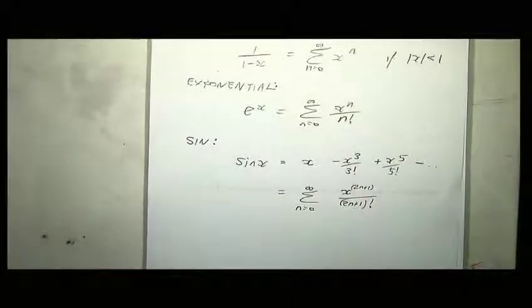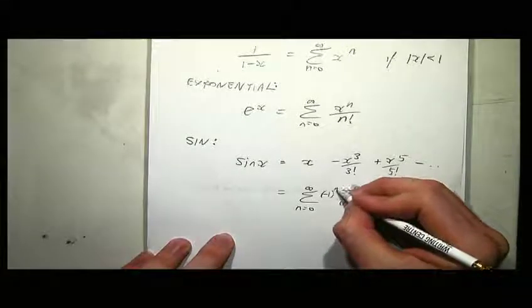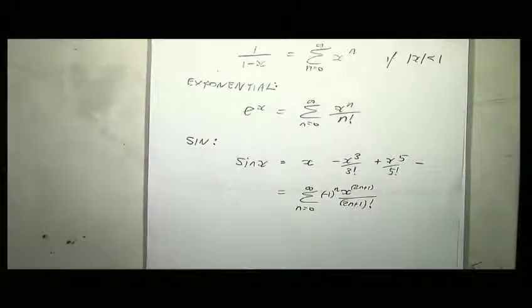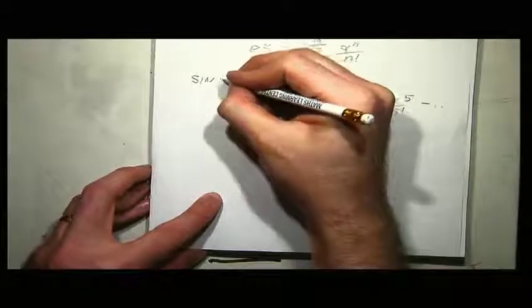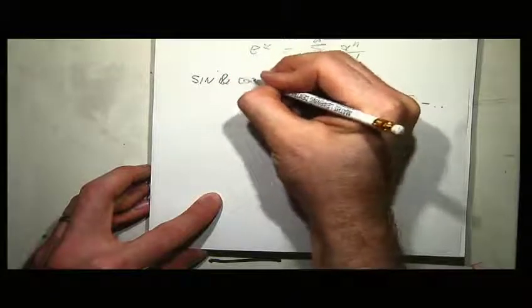And it switches between plus and minus, but it's not minus 1 to the 2n plus 1, it's just minus 1 to the n, because only every second one of them switches. So that's how I remember the sine series. I write this down, and then I write this down.